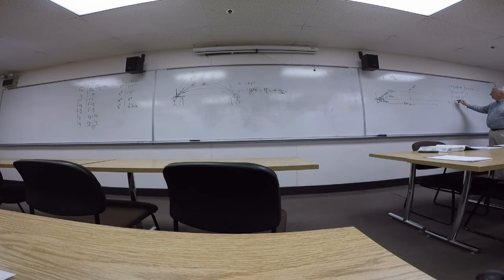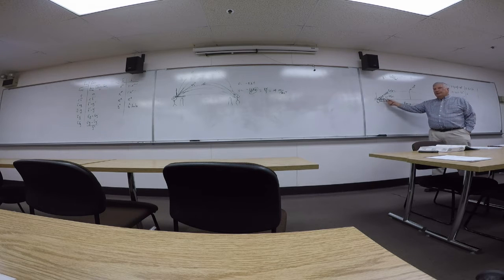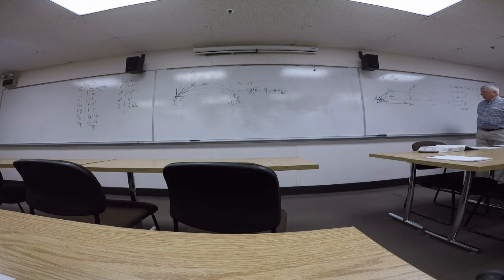Factor out t: t times (16t minus 500) equals 0. T equals 0, or t equals 500 divided by 16. This goes 32 and a half, I think. So this projectile is in the air 32 and a half seconds before smacking into the earth.